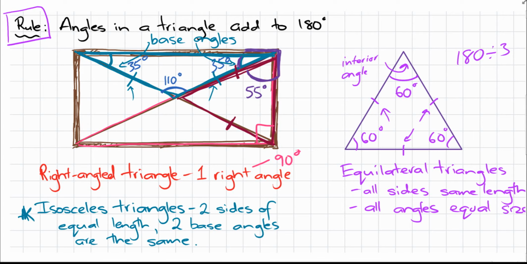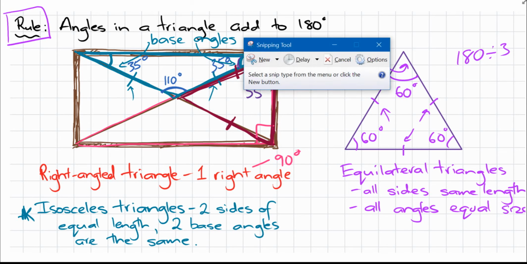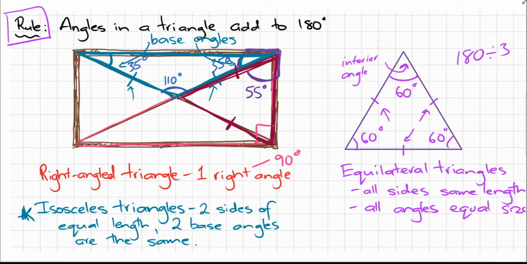So if we go back to looking at our isosceles triangle, this one here, that would mean that this angle would also be 55 degrees, which means that this angle here, 55 plus 55 is 110. Therefore, this angle would be 70 degrees.